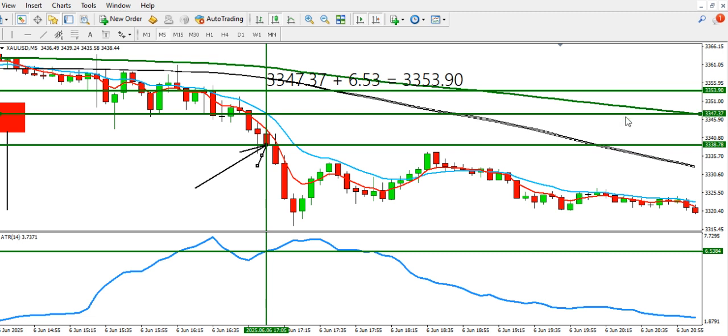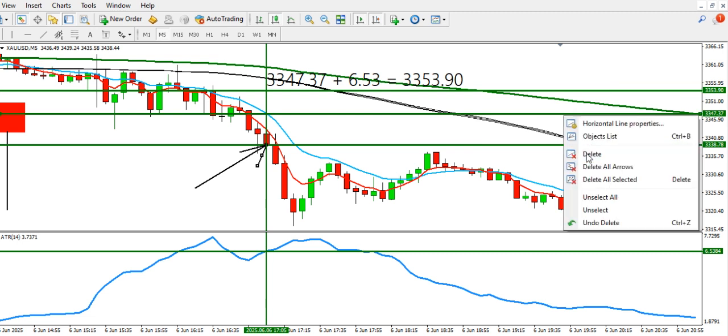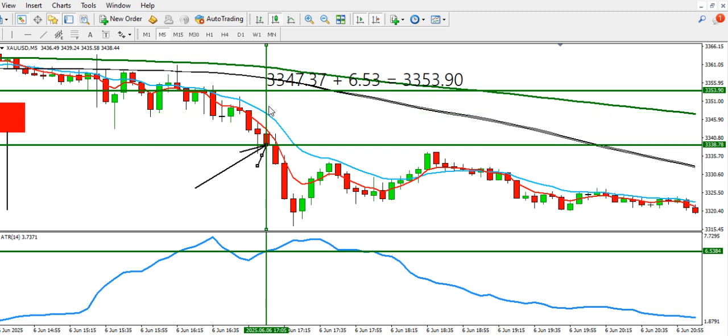You can delete this. So if you sell around here, your stop loss will be here. Then you can now use the distance from the stop loss to the high this time around. For the buy trade, it was to the low, but this time around for the sell trade, it's to the high.